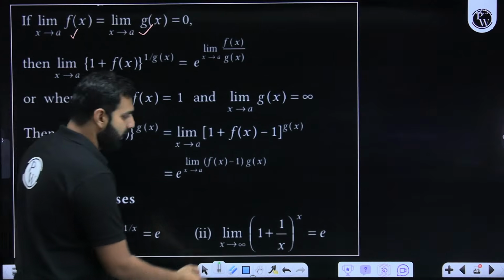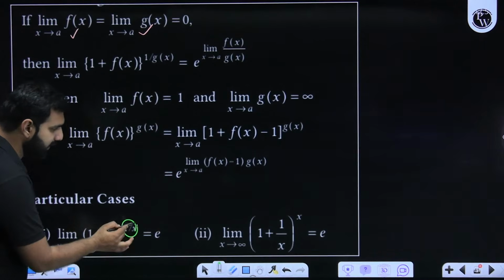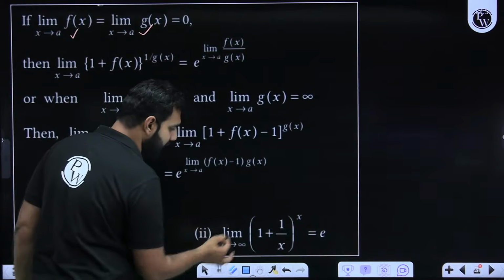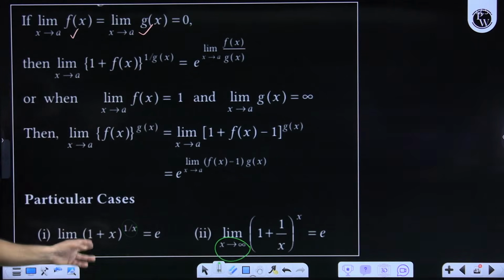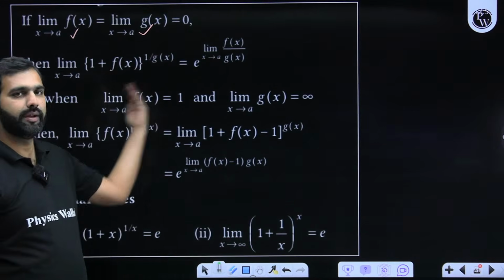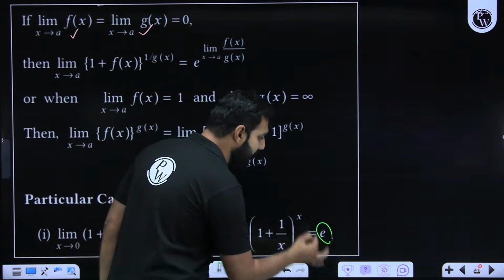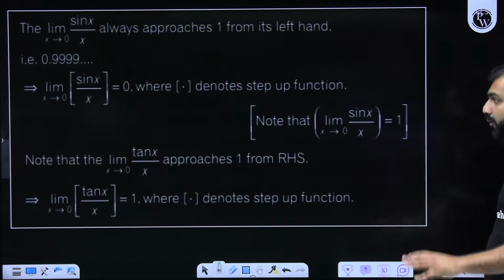Similarly, instead of x, let's say I replace it by 1 by t. So this will become t. So this is 1 plus 1 by t to the power t when t is approaching infinity. So this is the same as this only. I hope you're realizing it. So this is again 1 to the power infinity form. So by using this only, I can conclude that this will be e. Remember these formulae. I hope you didn't forget them. Can we move ahead with that?